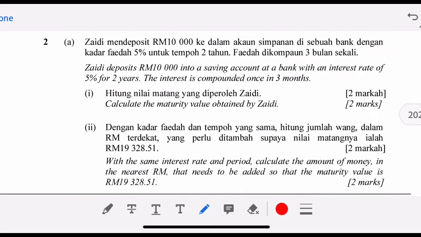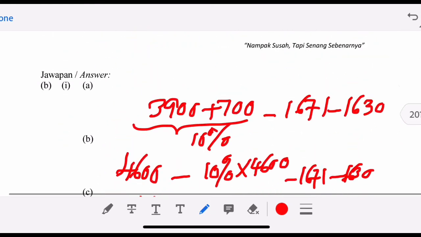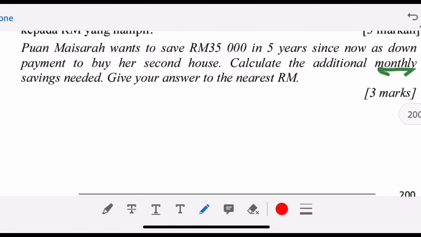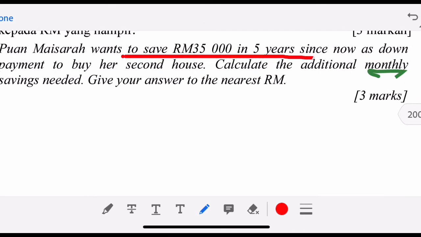Okay, now next part we want to know the next story. We haven't finished yet. Puan Maisara wants to save 35,000 in 5 years. See, now as a down payment, she need to pay down payment for the house, 35,000.